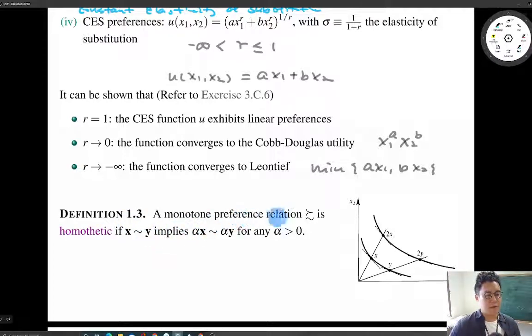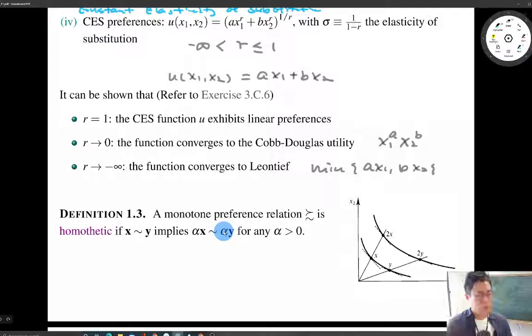We say a preference relation is homothetic if, when x is indifferent to bundle y, then any scaled bundle alpha x, where alpha is a constant, is also indifferent to alpha y.